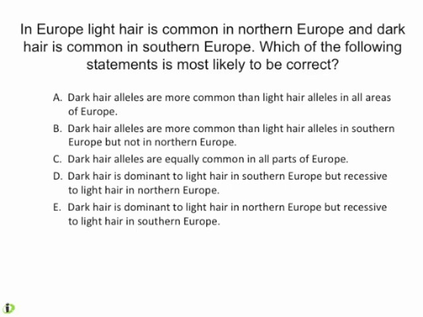D is wrong. Okay, so what does dominant mean? It means if it's there, it's expressed, right? And recessive means it can be masked, that it's not always expressed. Do you think if dark hair was dominant to light hair, that it could be different in other parts of the world? No. Most recessive alleles are because they're non-functional.